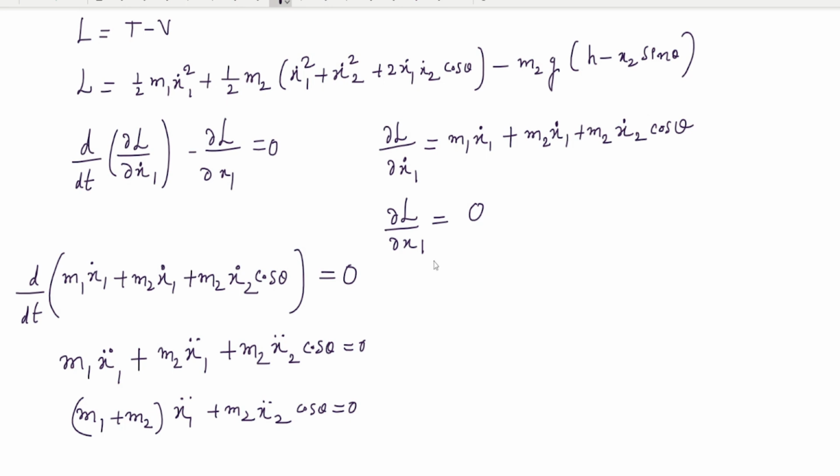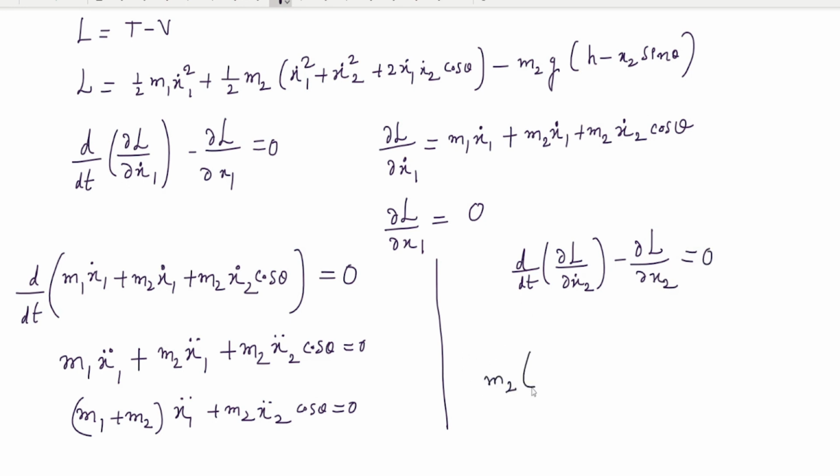Similarly, if you take d by dt of ∂L/∂x dot 2 minus the partial derivative of L with respect to x2 equal to 0, you will get this equation: m2 into x double dot 2 plus x double dot 1 cos theta minus m2 g sin theta equal to 0.